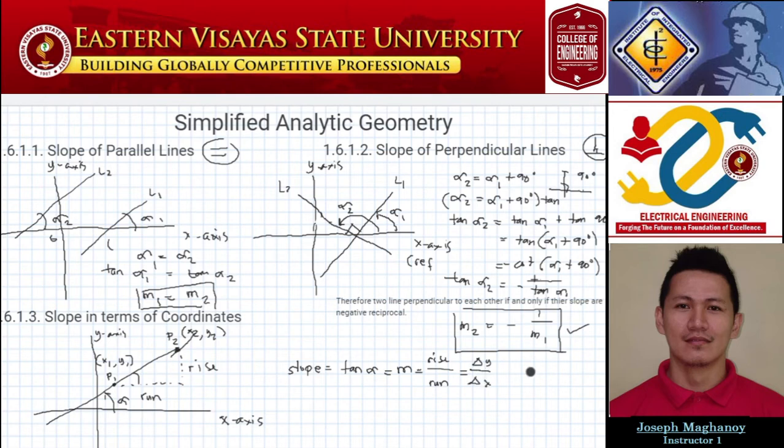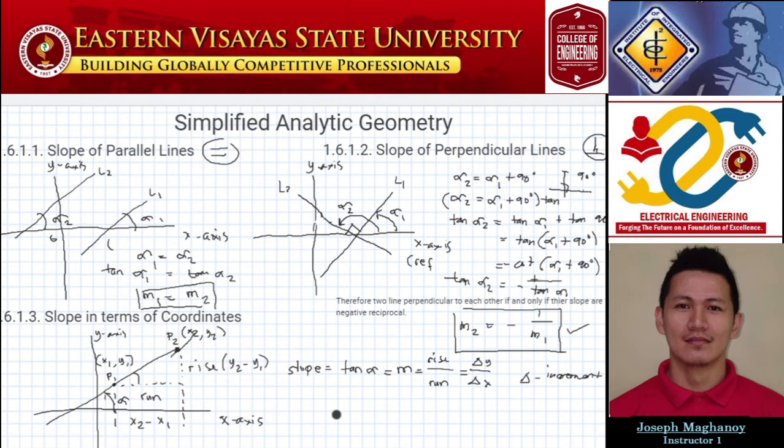Delta is denoted as an increment, or simply the change in y and x. So the value of our run is x sub 2 minus x sub 1, and for your rise, that is y sub 2 minus y sub 1.